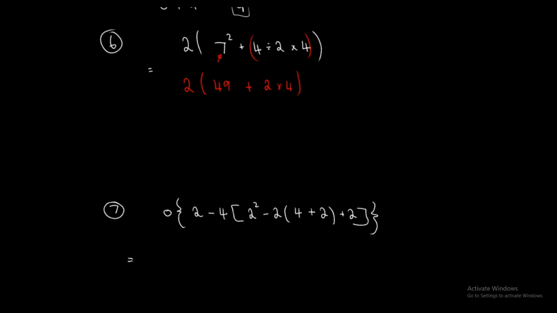Multiply 4. That gives me 2 multiplied by 49 plus 8. So 49 plus 8 is 57. And then 57 multiplied by 2 is 114. So 114 will be my final answer.